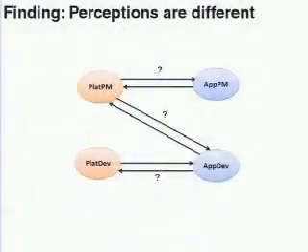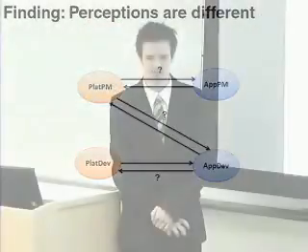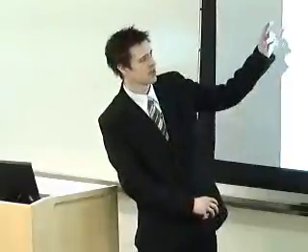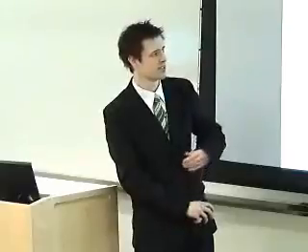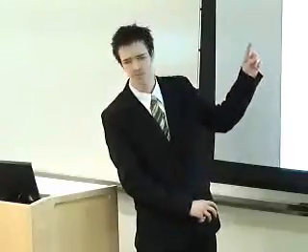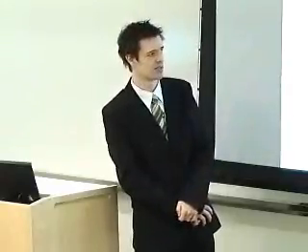So the first finding: we want to know, are the perceptions actually different between the two teams? When I say perceptions, I mean, if you focus on AppPM, how do they perceive the interaction between Platform PM and them? That's indicated by an arrow going into Application PM. So if we take Application PM's point of view, Platform is sending behaviors to Application.